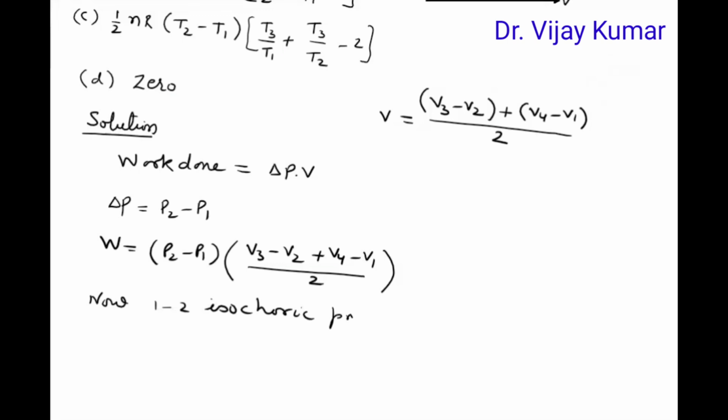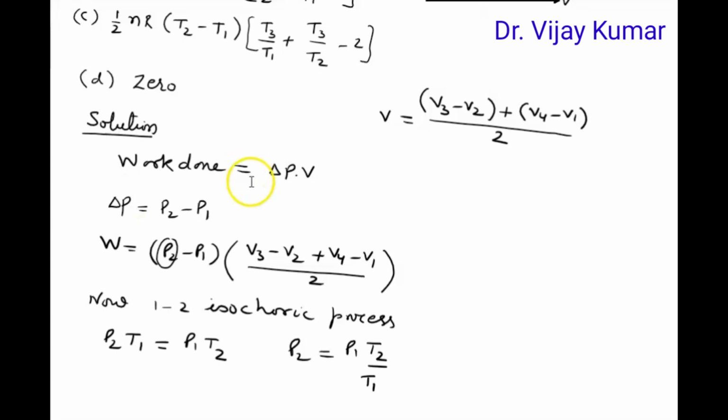In an isochoric process we know that P2 T1 should be equal to P1 T2, and we require P2, so P2 should be equal to P1 T2 upon T1.